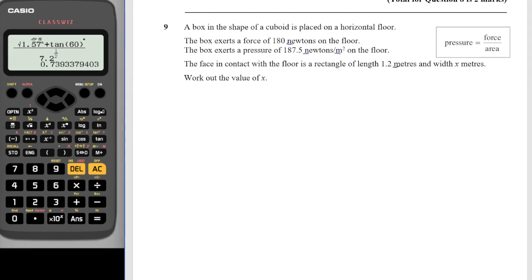Okay, so I'm going to rearrange this. If pressure is equal to force divided by area, then it holds that area is going to be equal to force divided by pressure. The area is going to be 1.2 times by x, so 1.2x is going to be equal to the force, which is 180, divided by the pressure, which is 187.5.